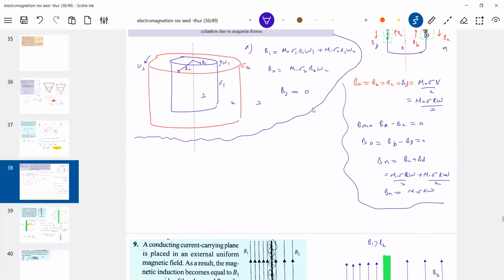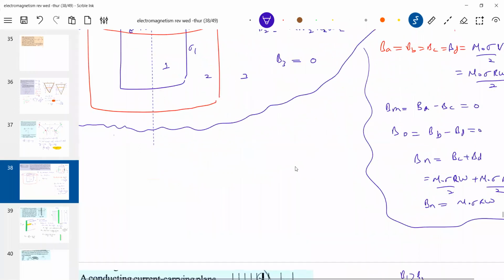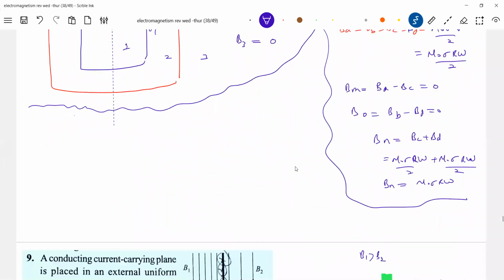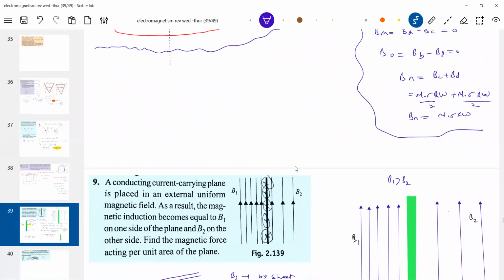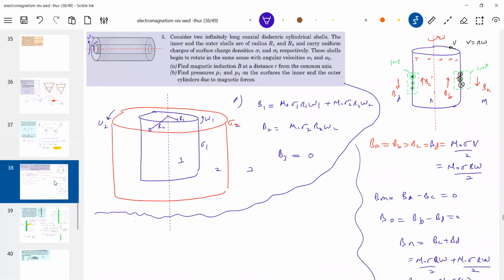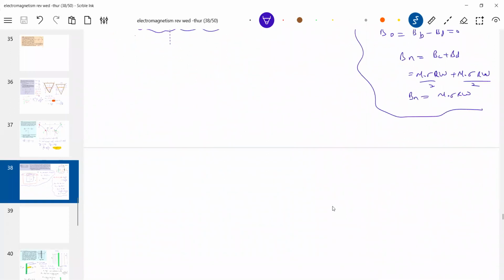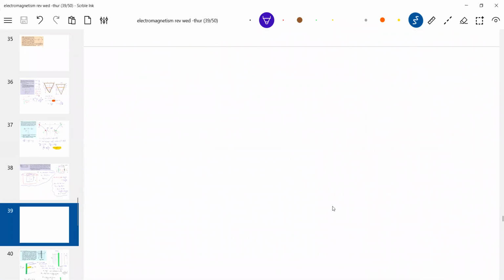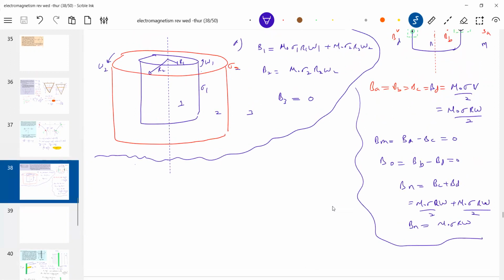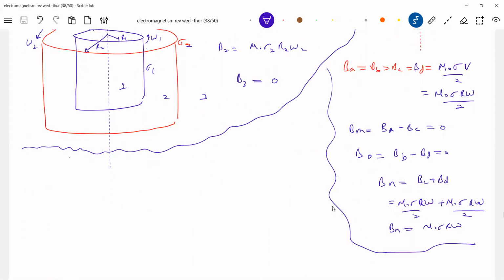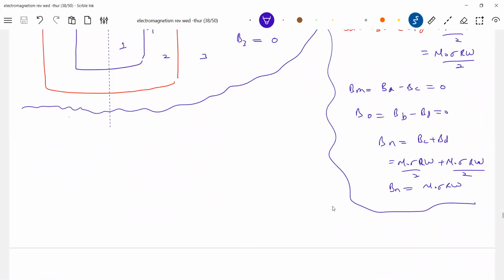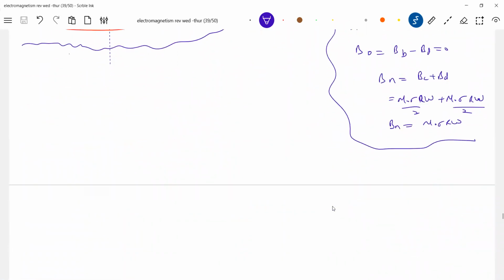Okay, there's the background. Let's talk about the pressure. We just need this information. I'll magnify it. I'll come to the lower part of the page. Better let me take one more. How to bring the pressure? I'll start from here. First, let me do it on the inner cylinder.